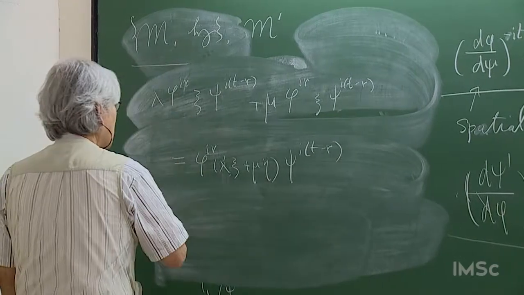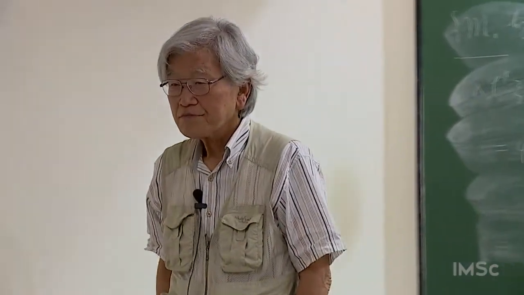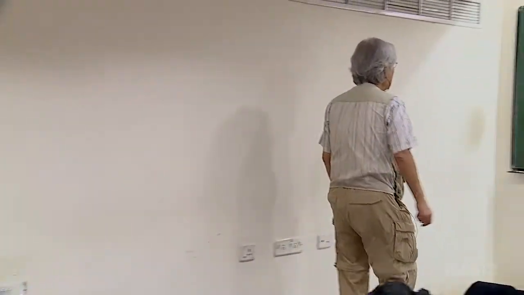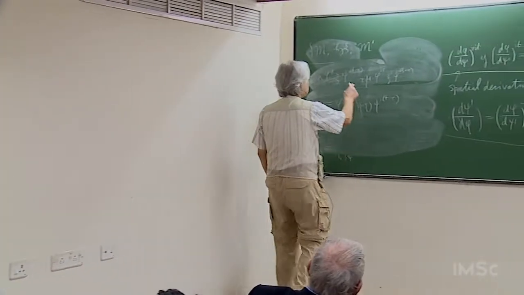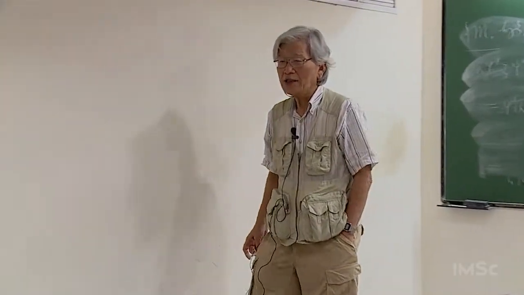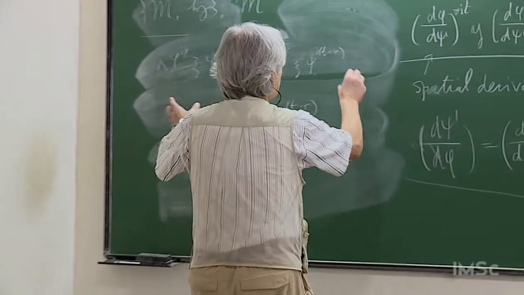And the inner product. Masamichi, yes? The R's can be different, right? You don't have to have the same R. For any R, as long as you keep the t minus r, this is an element in HT.